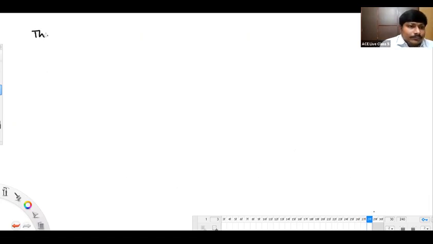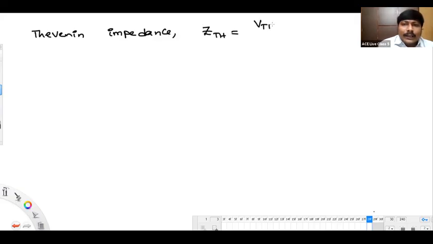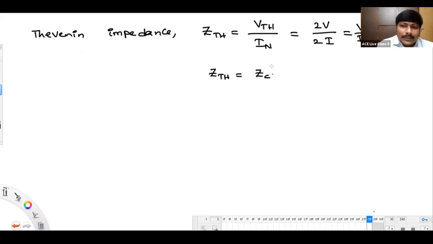The Thevenin impedance, ZTH, is V Thevenin by I Norton. So it will come to be 2V by 2I. The 2 will cancel out, and it will be simply the voltage to current ratio. What is that voltage to current ratio? That is nothing but the surge impedance of the line.